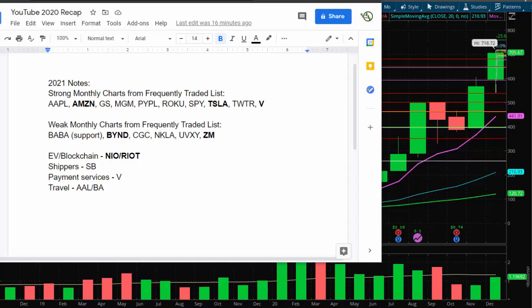Okay. Now, just to kick it off, let's look at strong monthly charts. So these are tickers that you should keep on your radar moving forward, not only for options trades, but as potential investments over the next year, right? Now, let me be honest with you. I don't really care about the underlying company very much here. In this specific review, we're focused on price.